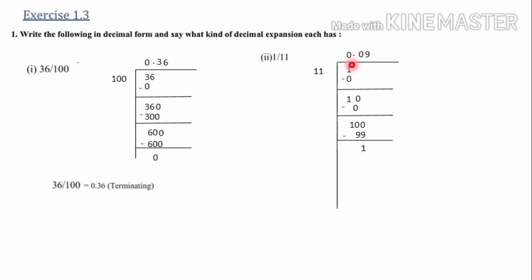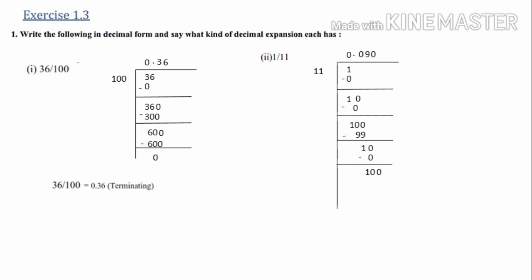Again, just like before, we are starting with 1, which means 0 times it will go. So 10 will not go into 11 because 10 is smaller than 11. So again it is 0 times 11, and 0 times 11 is 0. Then let's subtract: 10 minus 0 is 10.